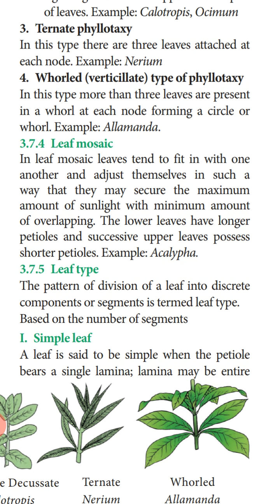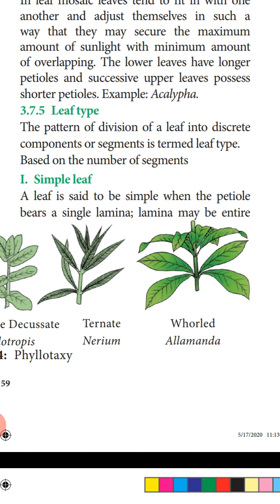In this type, more than three leaves are present in a whorl at each node, forming a circle or whorl appearance. Then it is called whorled. Example is Alamanda. So here in whorled, from one node four leaves are arising. Now this is called the whorled phyllotaxy.